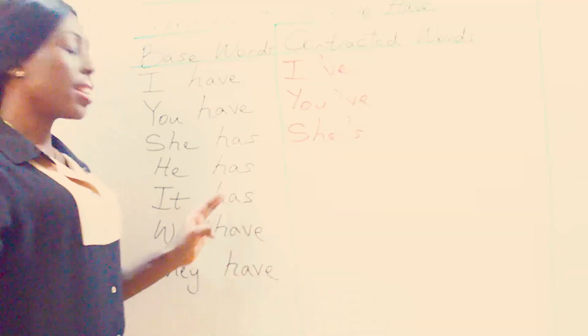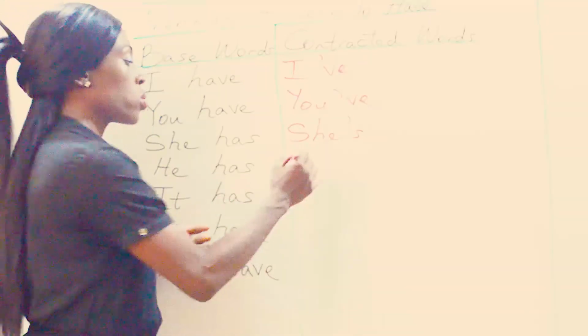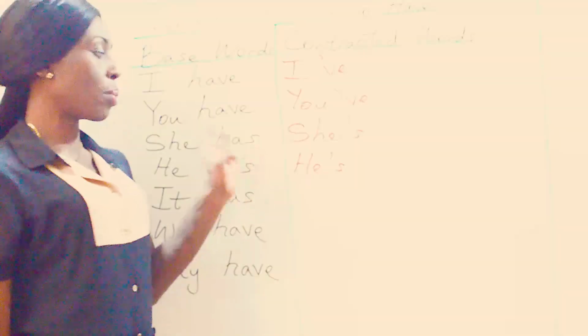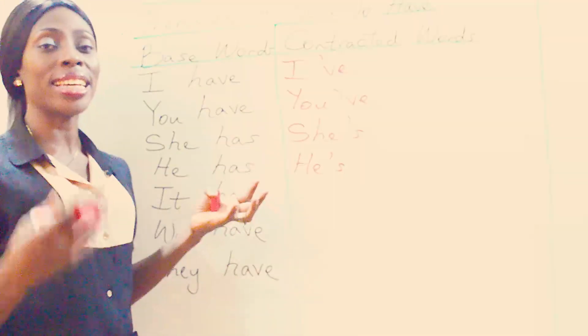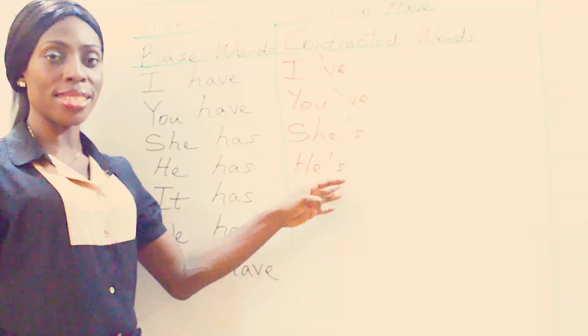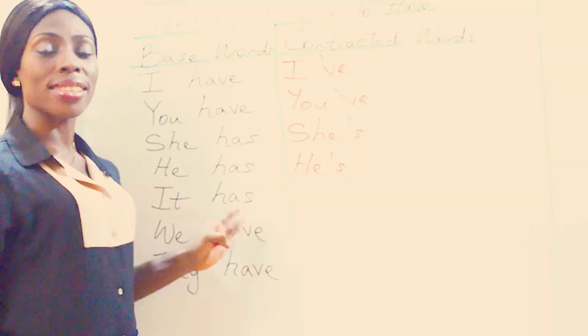Next we have he has. He has also becomes he's. Same with she has. He has and he is have the same contracted form, he's. Next we have it has.